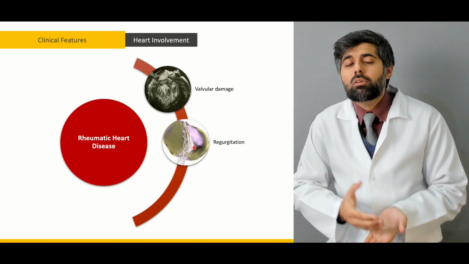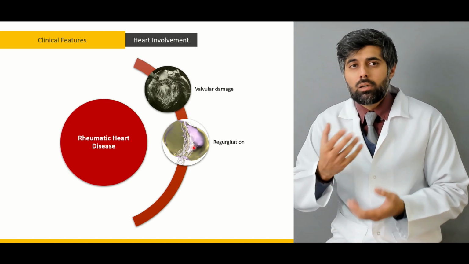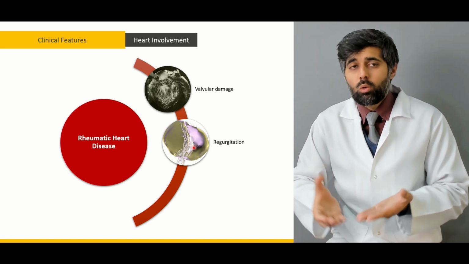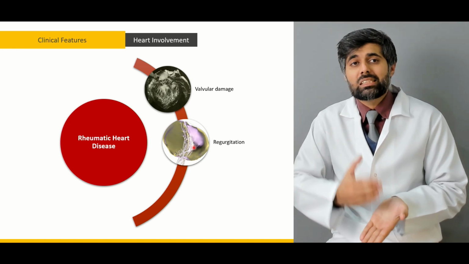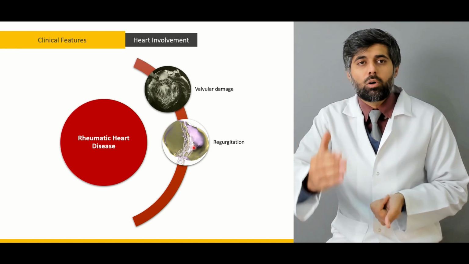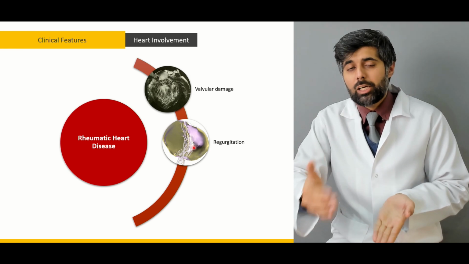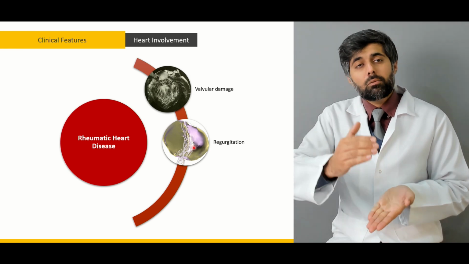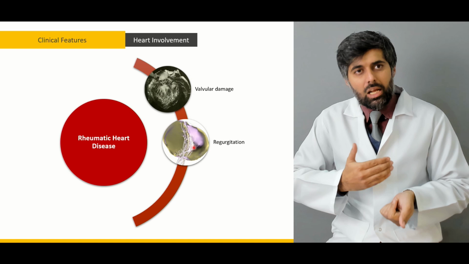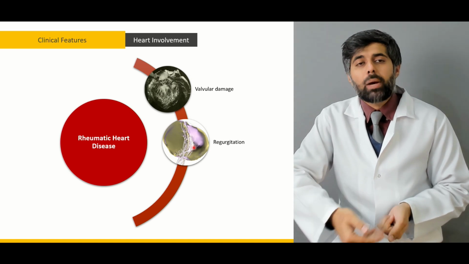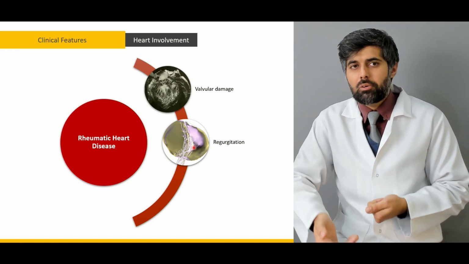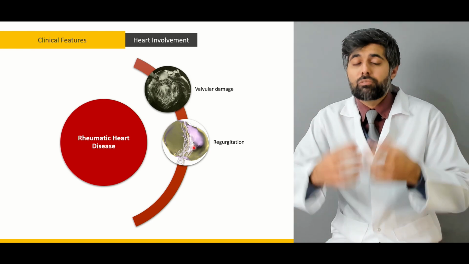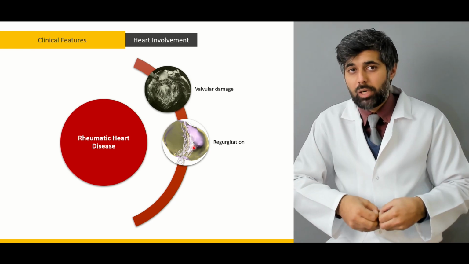Now, if the mitral valve is damaged, blood, instead of moving from the left atrium to the ventricle, will rebound and then move back into the left atrium after it has first pumped into the left ventricle.